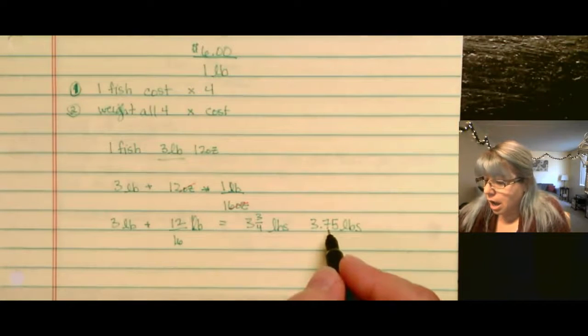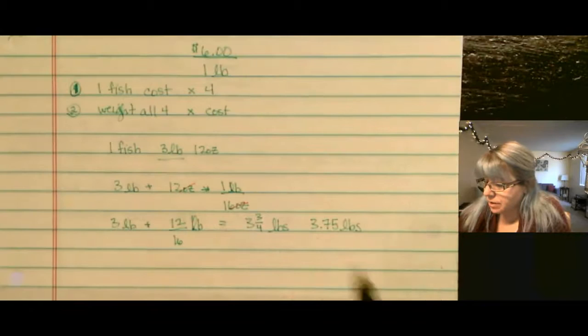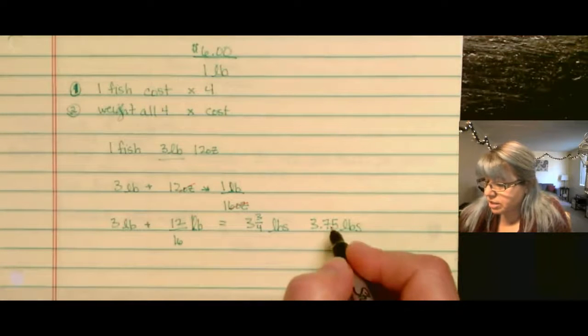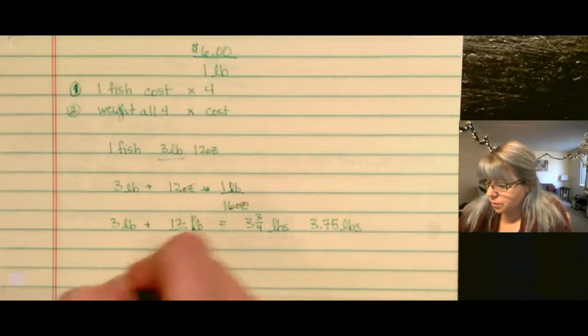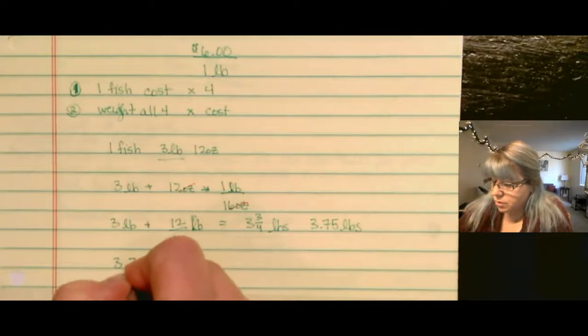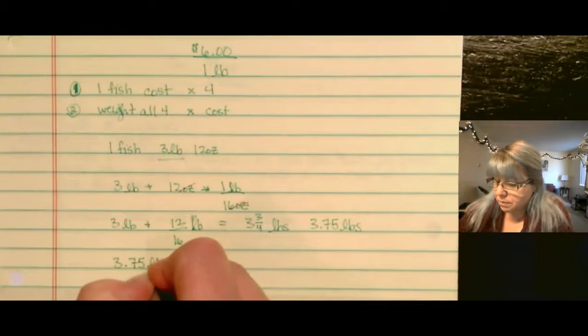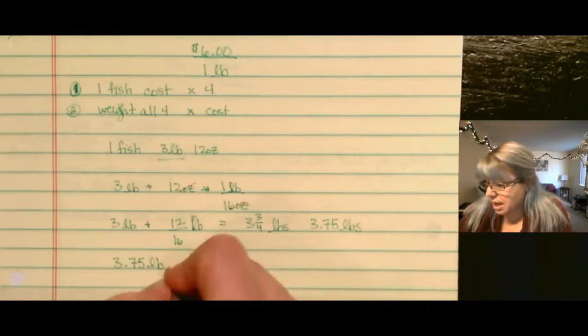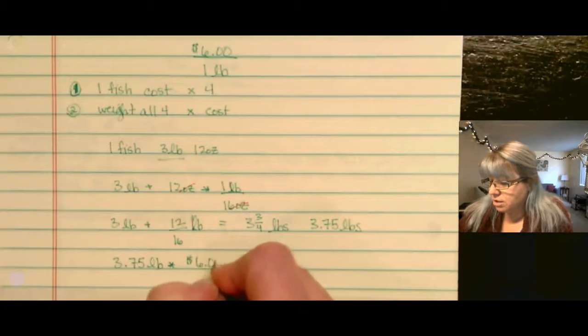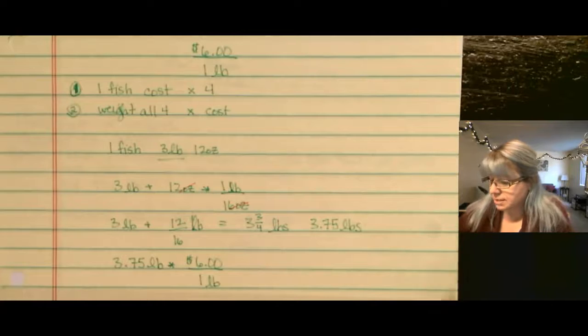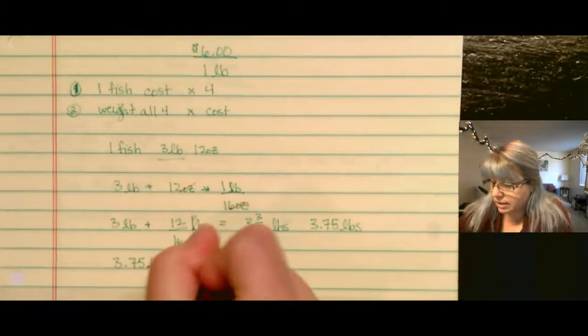Now, I'm going to figure out how much it is for this one fish. So my one fish weighs 3.75 pounds. I'm going to multiply it by $6 per 1 pound. Good news is pounds go away and I'm only left with money.